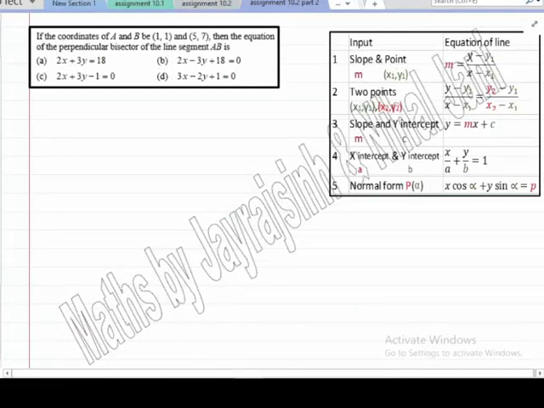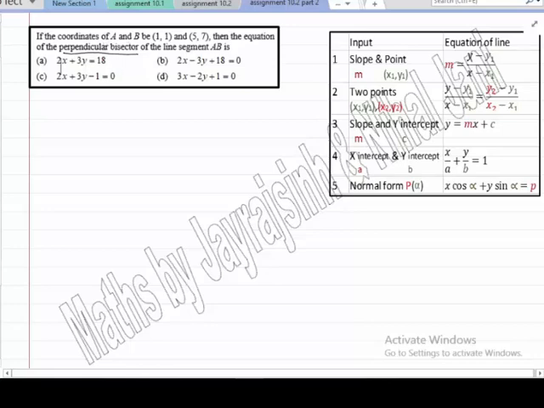If the coordinates of A and B are (1, 1) and (5, 7), then the equation of the perpendicular bisector of the line segment AB is dash. Actually, we have to find the perpendicular bisector. First of all, I would like to introduce you to the properties of a perpendicular bisector.